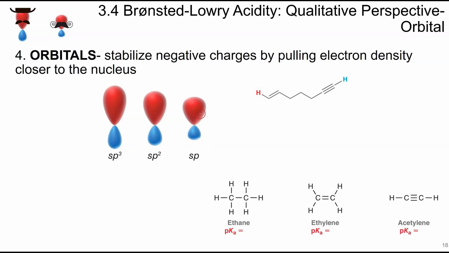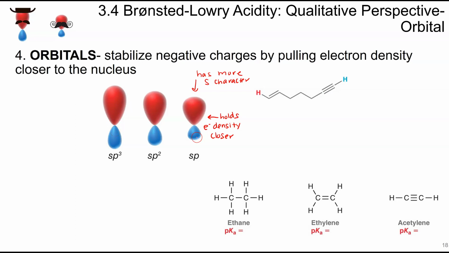And if you look at the shape of the orbitals, this one has more s character. So it's 50% S, 50% P, which means it can hold the electron density closer. So the sp3 over here, the electrons are further away in the sp3 orbital, so it's not held as closely.